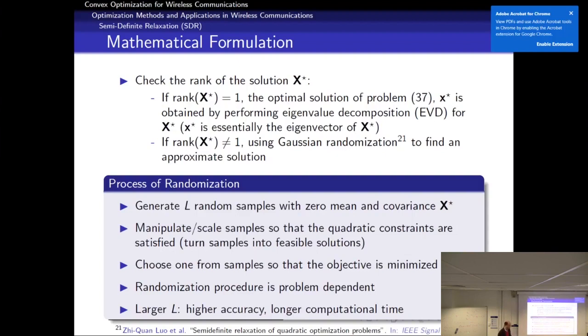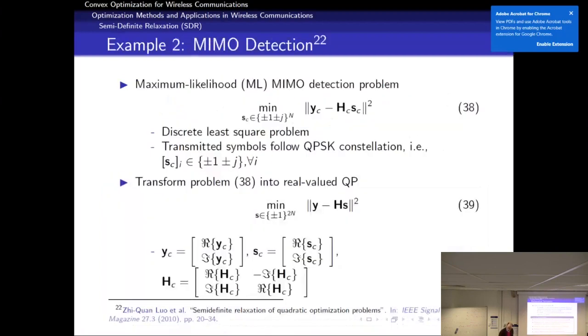They're Gaussian distributed with a certain covariance matrix X. If you just generate those samples, they may not in general satisfy the constraints of your optimization problem, so you may need to scale them. Then you choose the one that actually minimizes the objective function. The larger the number of samples you choose, the higher the accuracy, but the longer the computational time. So I will show you an example here.